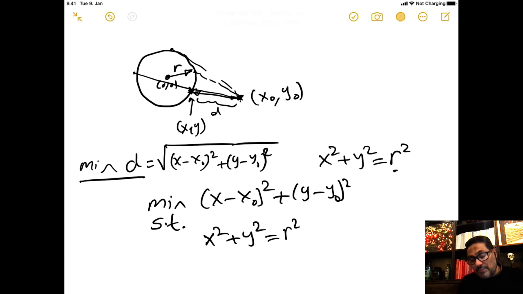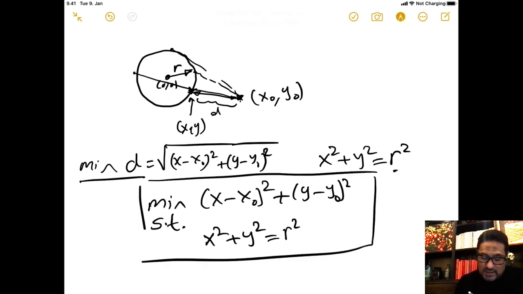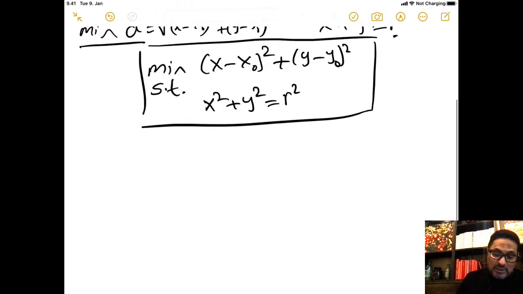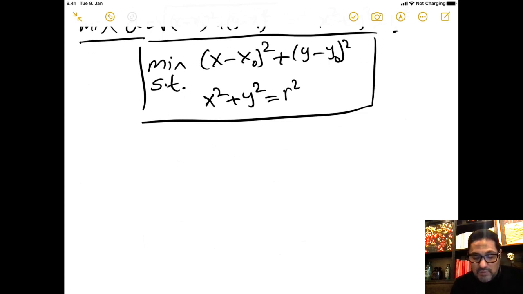So now this is the constrained optimization problem. This is a straightforward and simple problem that can be solved with the Lagrange multiplier. But remember here that we have an equality constraint, not an inequality. We will see in the second example one inequality constraint problem.